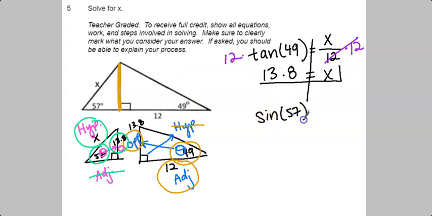So sine of 57 is going to be equal to O, which is 13.8, over H, which is our x. Again, our goal is to solve for x, but first we've got to get rid of this fraction. So we're going to multiply by our denominator, which is x.